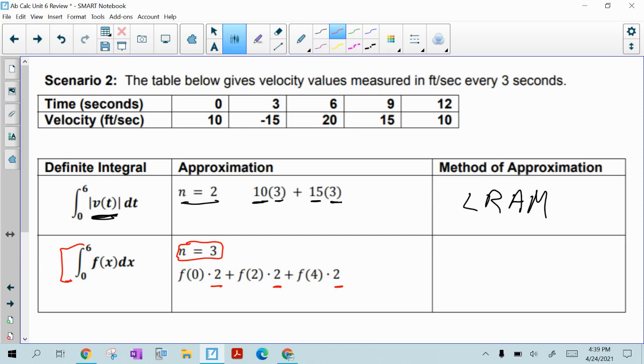Okay, but it's saying, well, I'm going to get my height first from f of 0, then from f of 2, then from f of 4. Notice, once again, this is LRAM because it would be the left-hand side if I was to draw these figures. Okay, major questions I'm hoping you don't have at this point. Let's keep moving on.